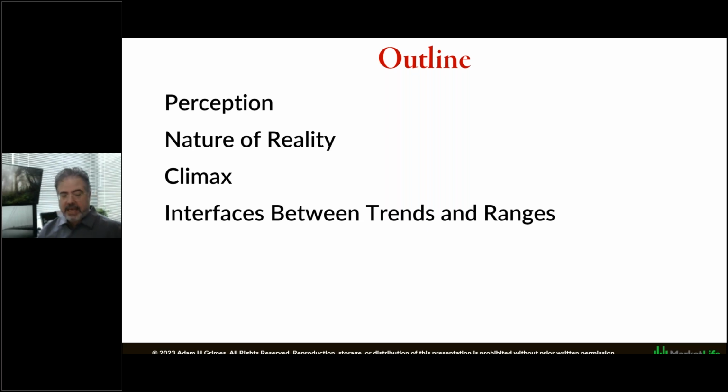because it's relatively easy to understand and to talk about and to write about trading ranges. Relatively easy to understand trends, but the very complicated areas where trends become ranges and ranges become trends.